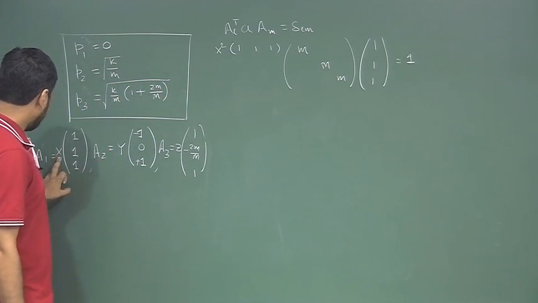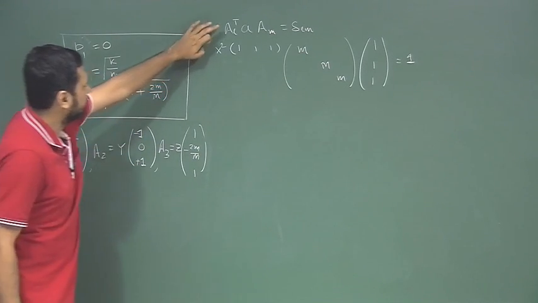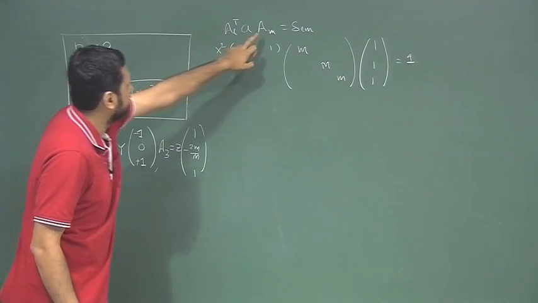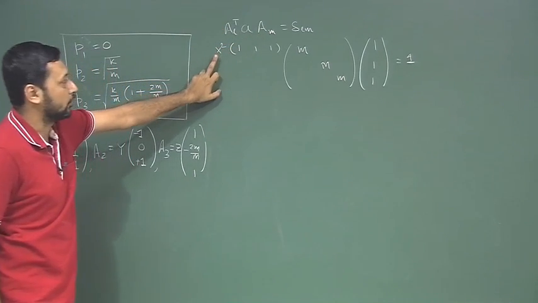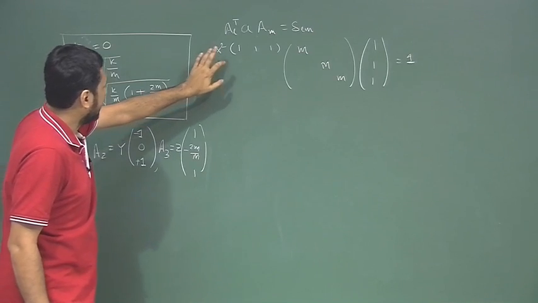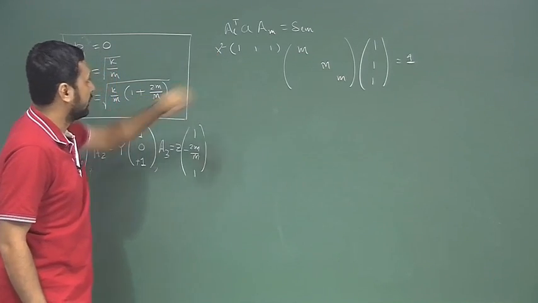Now, there will be an x from the transpose vector and an x from this side vector, so I just put an x square here. x is what we are looking to find out.